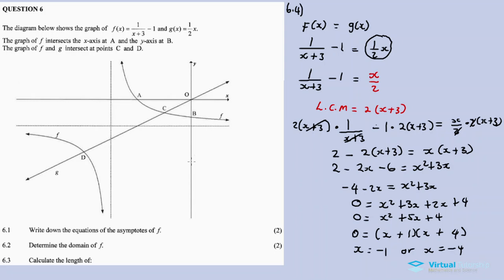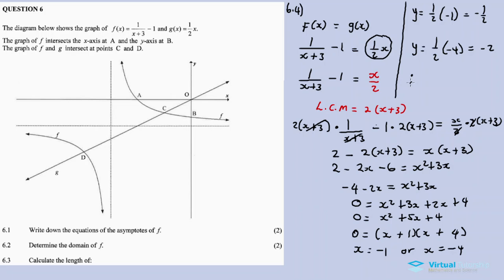Now I need the y coordinate for C and D. I just go back and substitute in either G or F, but how about we just use G, since it's the simplest one. y is equal to x over 2. For x equal to -1, y is equal to -1 over 2, and then the y for x equal to -4, the answer is -2.